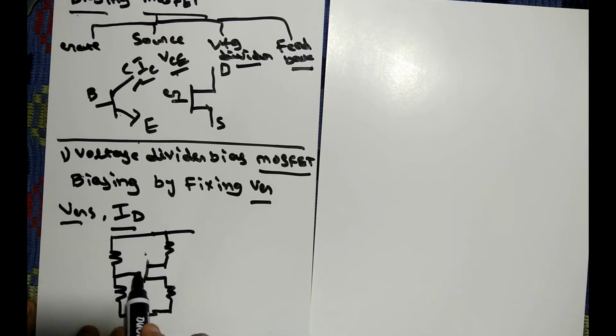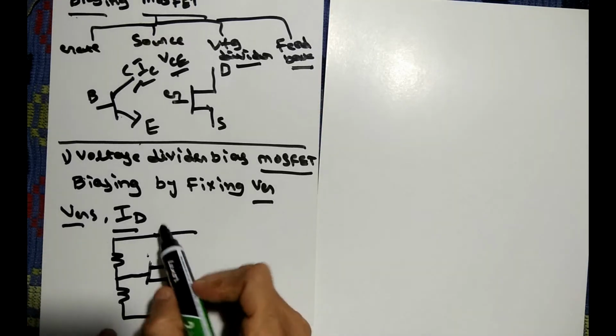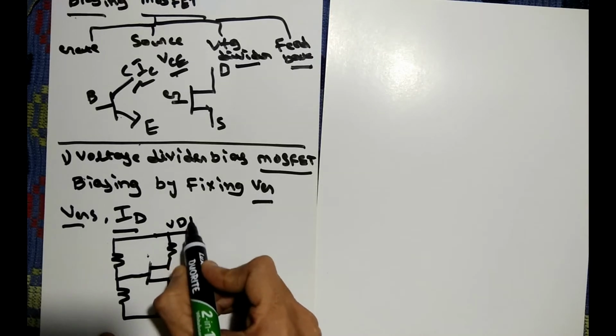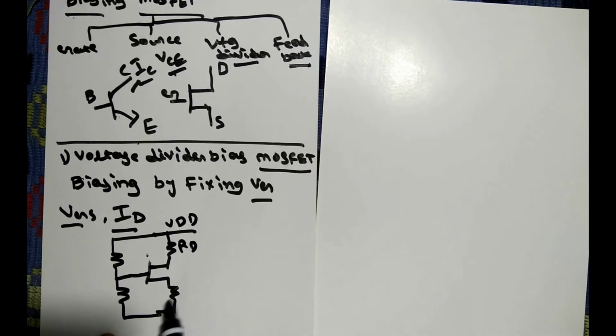This is the exact same equation you studied in the transistor voltage divider bias. So we can name it here. This one is VDD, this is RD because this is the drain portion, this is RS, this is R1 or RG1, and this is R2.